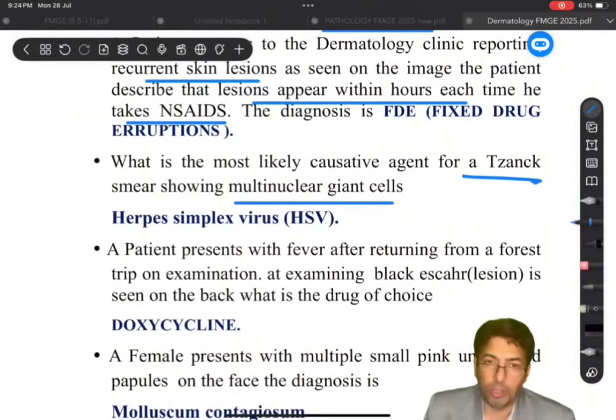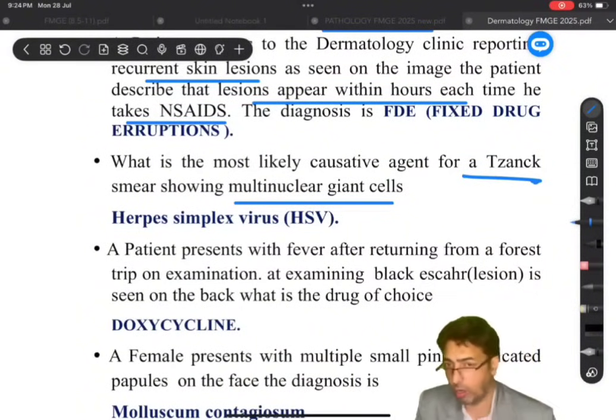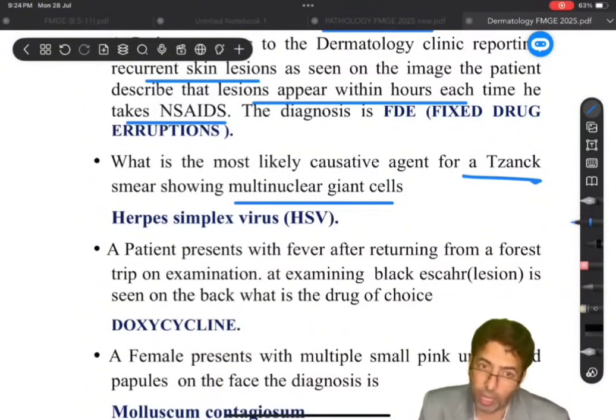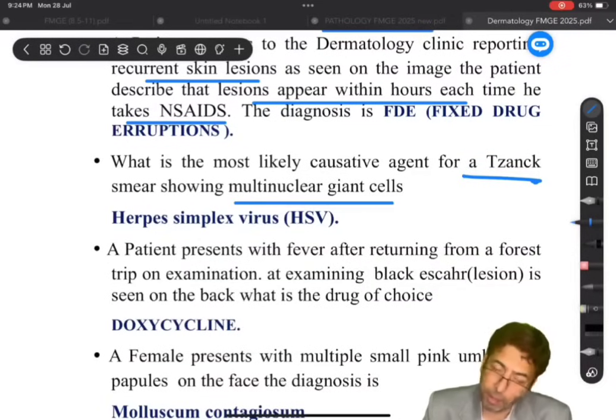Now, basically, you are well aware of the viruses, and especially the herpes simplex virus, HSV, which is an important causative agent of herpes simplex labialis, herpes simplex in the oral cavity, around the mouth. These lesions you see many times, commonly found and may be seen along with certain immunodeficient conditions like lymphomas and leukemias and patients taking immunosuppressant drugs.